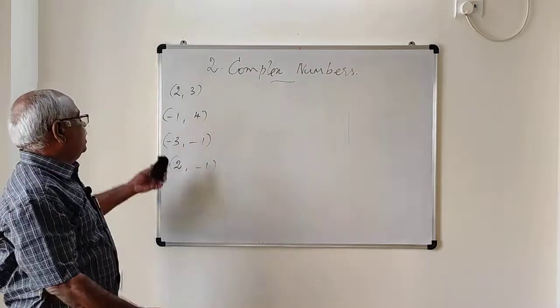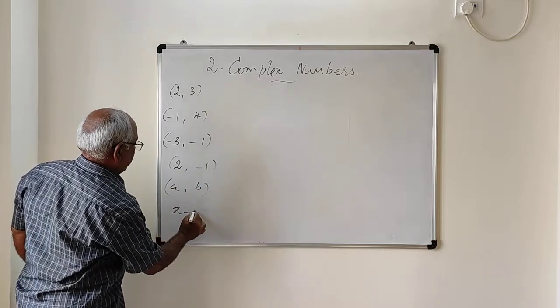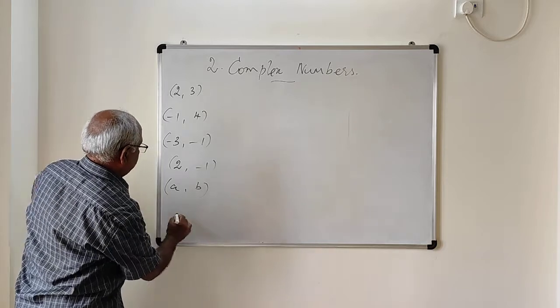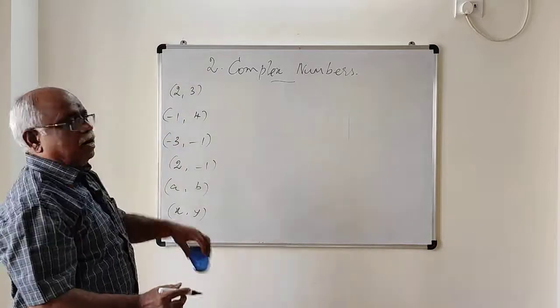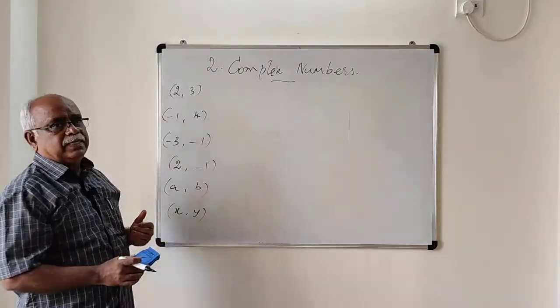Like that. (a, b) and (x, y) also, generally. Like that, complex numbers are represented in ordered pairs.